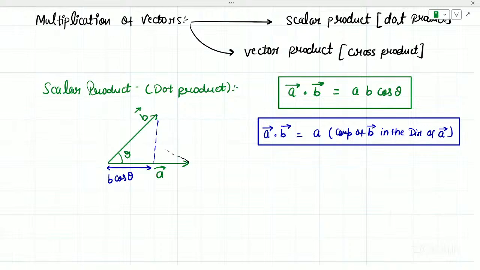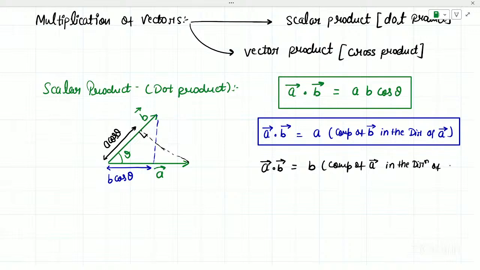If you drop the perpendicular, this is the component of it along B, which is nothing but A cos theta. So we can also say that A dot B is equal to B times the component of A in the direction of B vector.